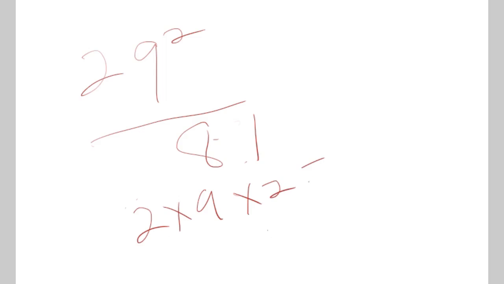Remember 9 to the second is 81. And then remember, when you're trying to get the second value, you're going 2 times 9 times 2 equals 36.